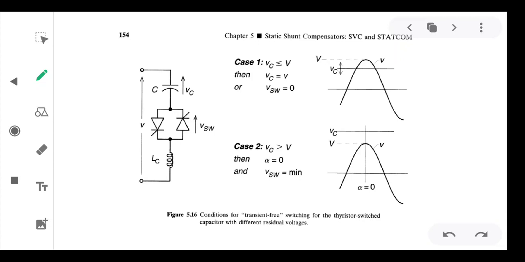In case 2, VC capacitor voltage is greater than the supply voltage V. Then we can switch on the capacitance at alpha equal to 0.